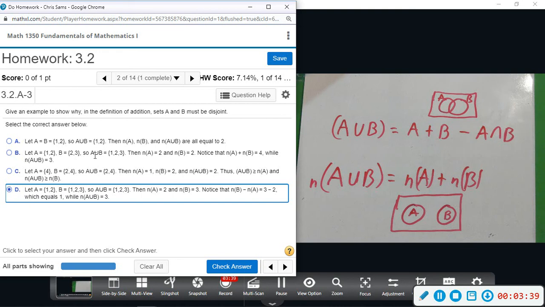Then {1, 2} and {2, 3}. So we got 2 and 2. A union B has 3. Notice A plus B equals 4, while the number of elements in A union B equals 3.